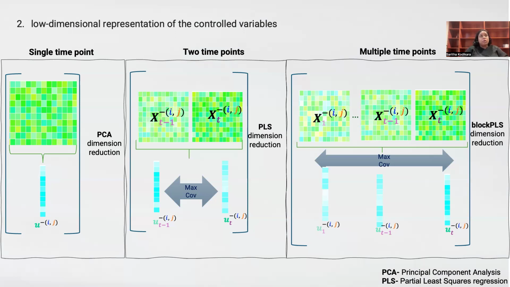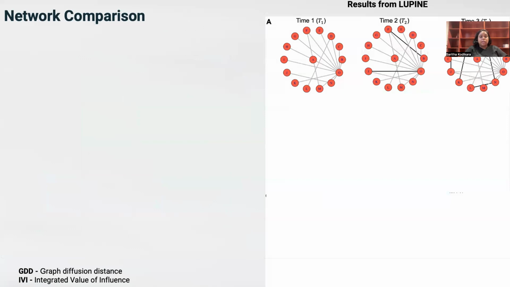That's great. So when you have several networks across time, how do you compare these networks? I will give you a simple example here. Let's say we just have 3 time points, and these 3 time points generated these different networks. This is the result from LUPINE, but how do you then use these results to compare networks, identify differences, or identify taxa or nodes that are important in these networks?